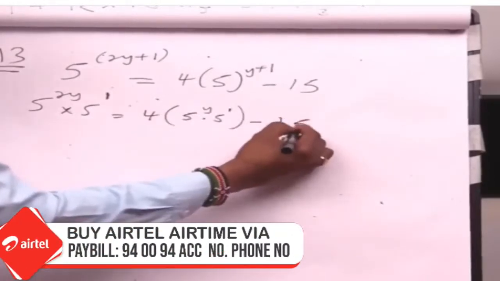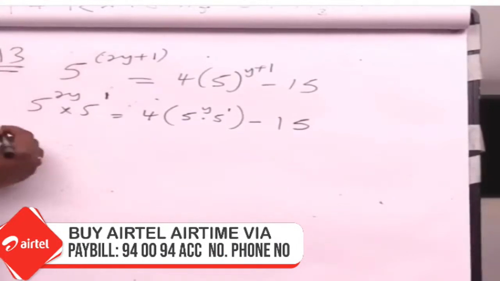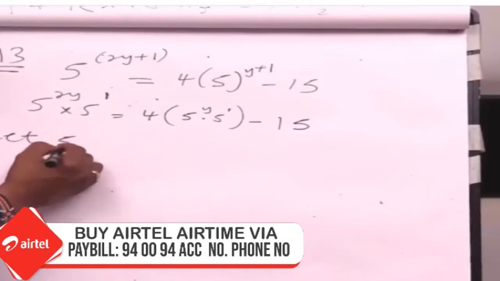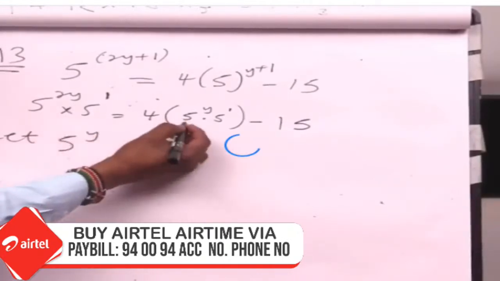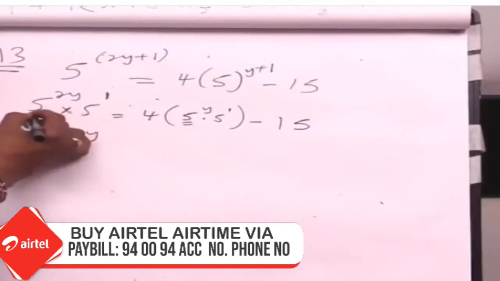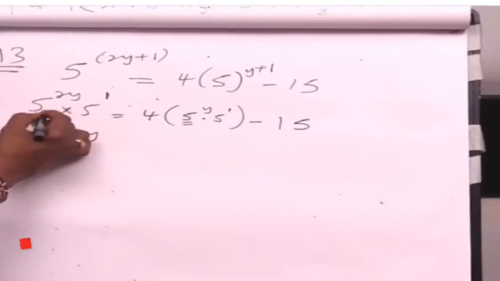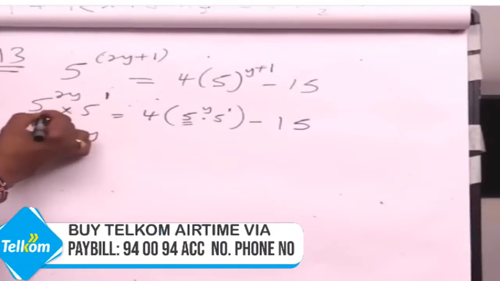minus 15. Then from here, let 5 raised to power y be equal to p, because we have 5 raised to power y here and 5 raised to power 2y. Therefore 5^(2y) becomes p squared.